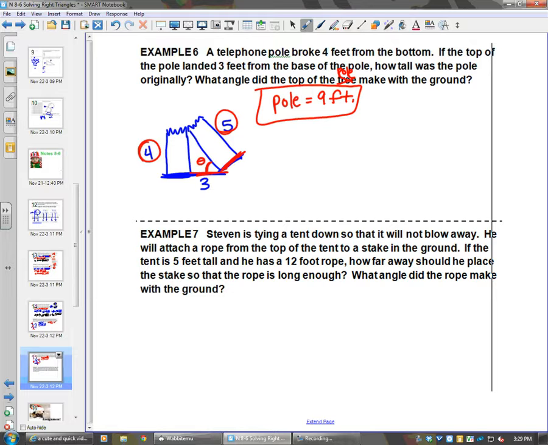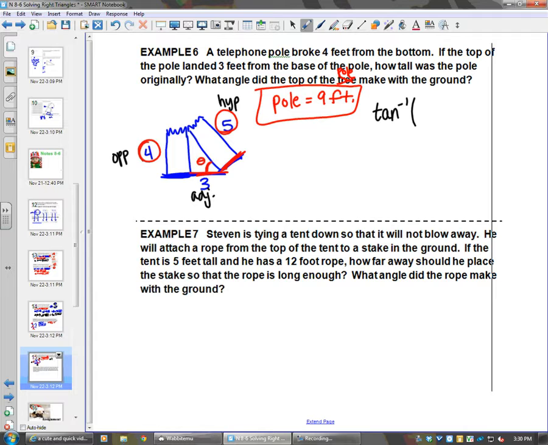So you can use practically any of the functions, right? Which one would you guys prefer to use? You want to do inverse tangent? Okay. Most people did sine all day long, but we'll do tangent. So he's recognizing we have to do inverse tangent since we're looking for the angle measure. Okay, if we're doing tangent, this is going to be the opposite side length, and this is going to be the adjacent side length.